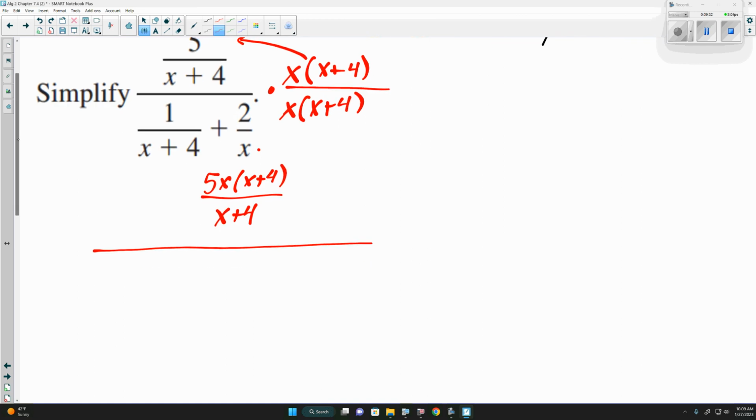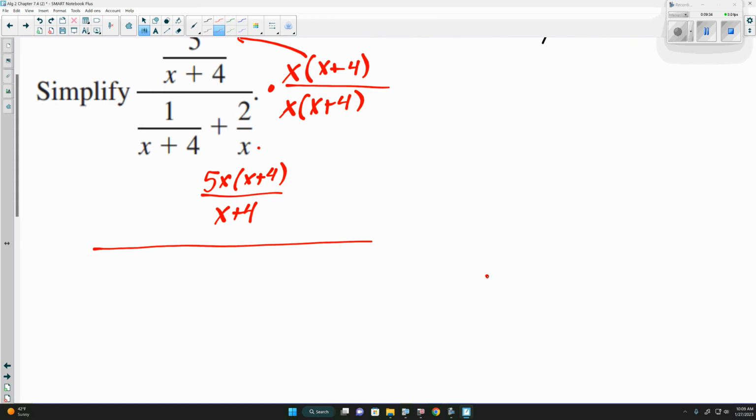Okay. I think we feel comfortable saying that. Now we'd also do it with the denominator. We're going to multiply it with both. The 1 and 2: x times x plus 4 times 1 is just going to be x times x plus 4 over x plus 4, plus 2 times this is going to be 2x times x plus 4 over x.